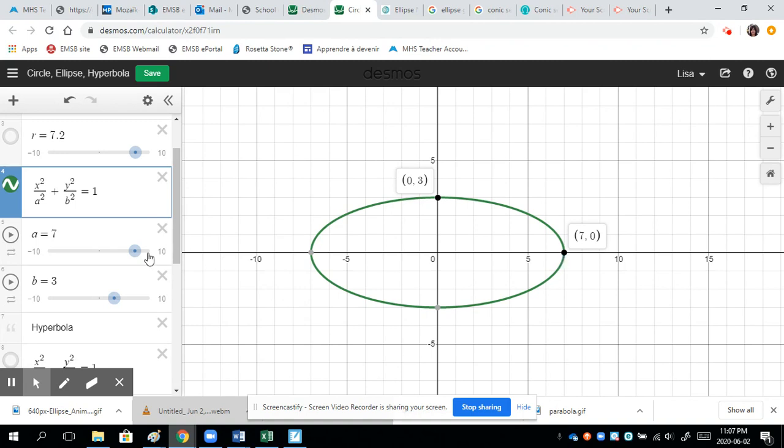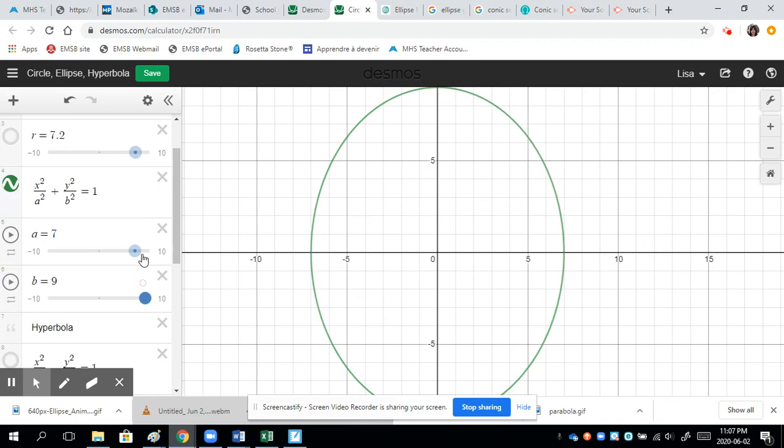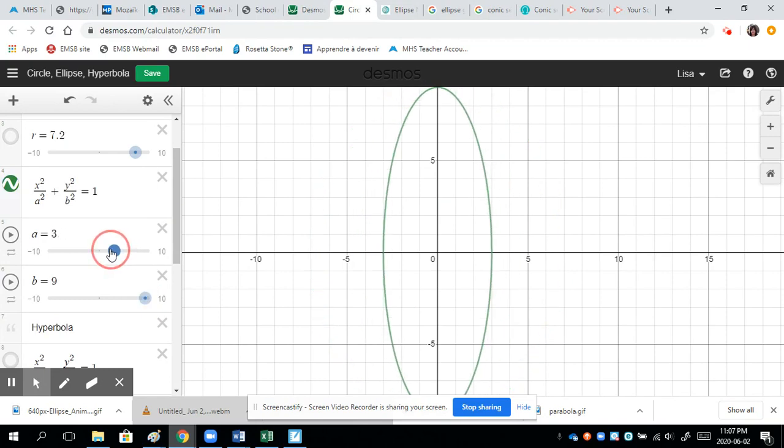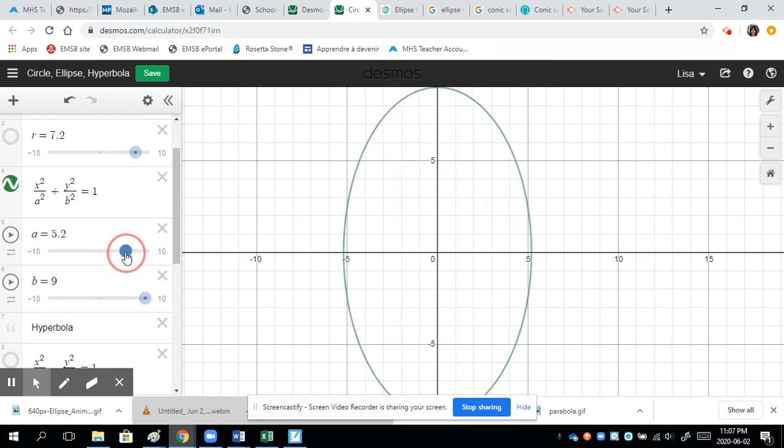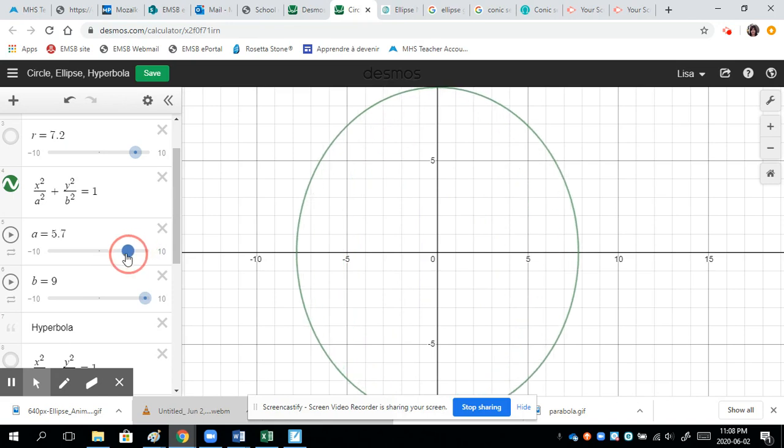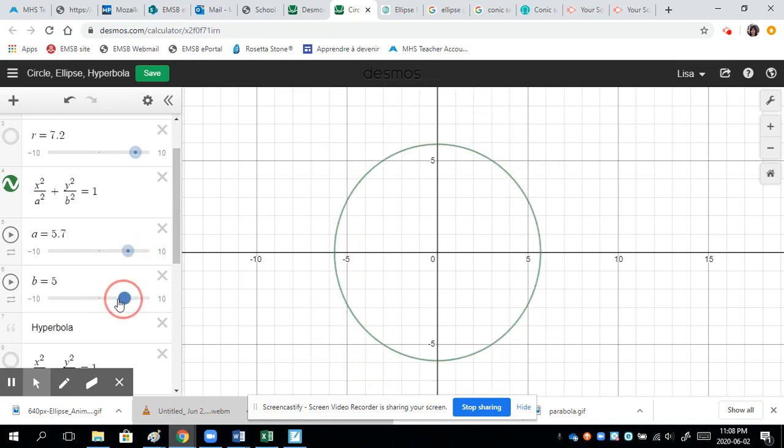So you can have what we call a horizontal ellipse. So it's longer than it is taller. But if B is greater than A, then you have a vertical ellipse. Okay, so I just wanted to show you what A and B do. So A and B decide how wide it is, and if it's horizontal or vertical.